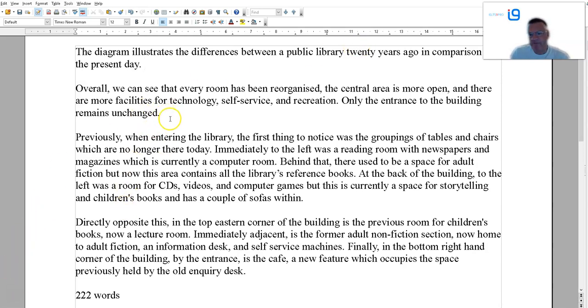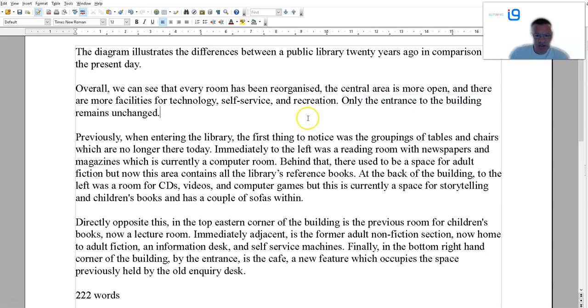So this one here, relatively straightforward because every room has been reorganized or changed. Overall, we can see every room, without exception, has been changed. Central area is more open, and there's more facilities because they've got computers and DVD rooms and all this other stuff. The only thing that's not changed is the entrance into the building.